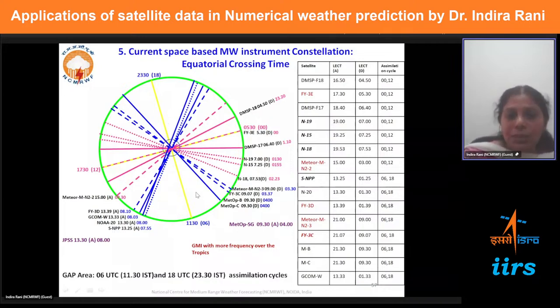So in the future, space agencies have to ensure more coverage during the 6 and 18 UTC assimilation cycles, so that NWP models can perform better than the current state. This is one gap analysis that NCMRWF has done, and we have given this feedback to SAC ISRO, so that they may consider matching the equator crossing time of their future missions with the 6 and 18 UTC assimilation cycles.